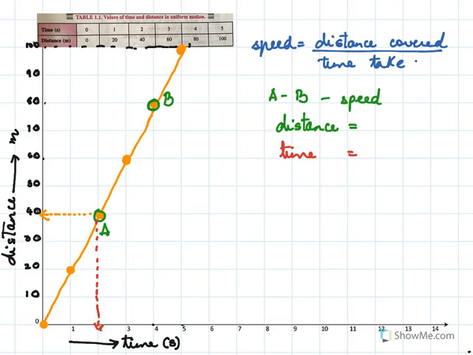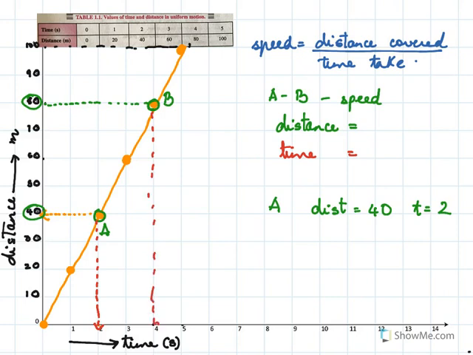So at point A, which we are going to write here, the position was 40 and the time was 2. Now at point B, the distance is now 80. Here it was 40. And the time here is 4.